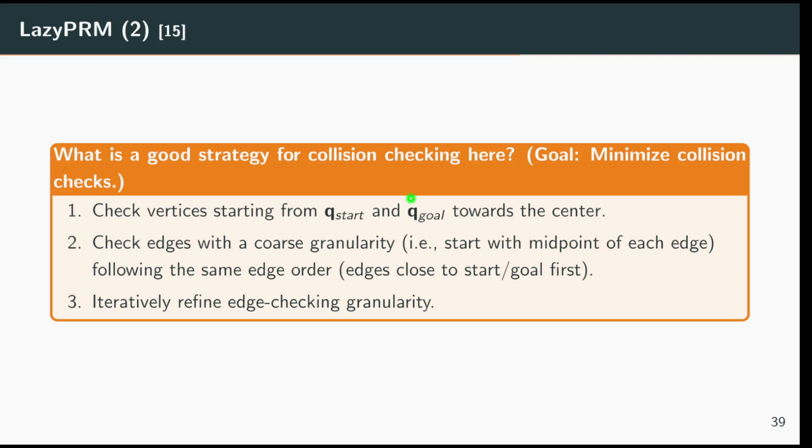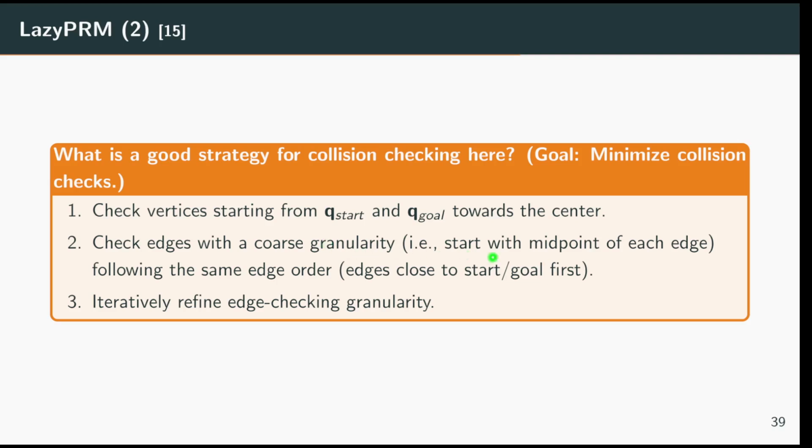Then if that didn't find any collision, they check the edges, but also with this mixed granularity. The traditional way is that you very uniformly sample your edges in a linear fashion. What they do instead is this hierarchical fashion.